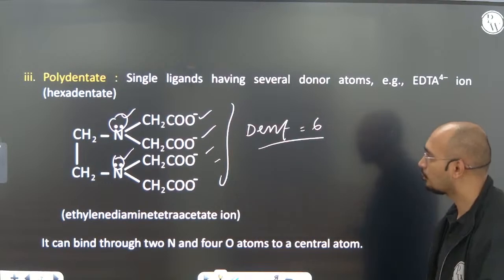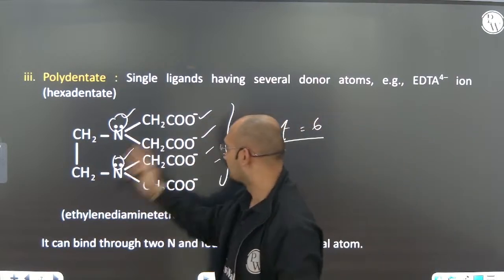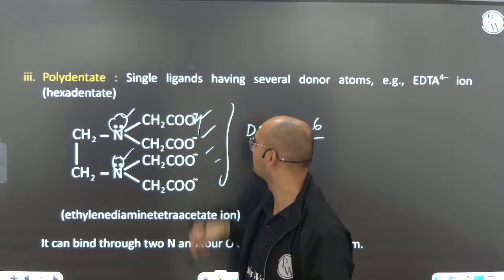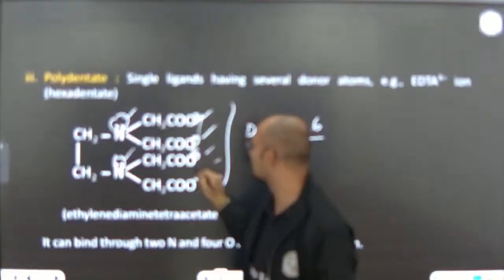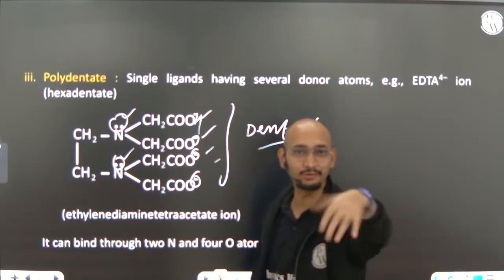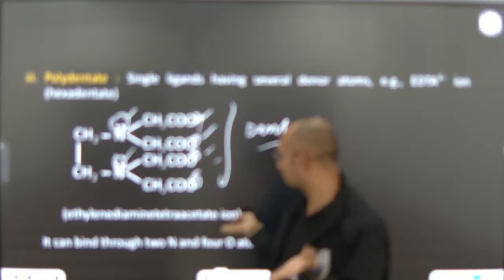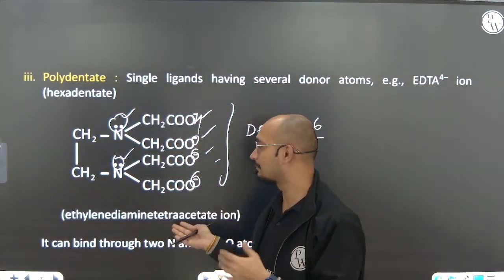It can also be the ethylene diamine triacetate ion. Consider that one becomes COOH. So how many places is it giving from? 3 plus 2, so the denticity can become 5 also. It may even be ethylene diamine diacetate.